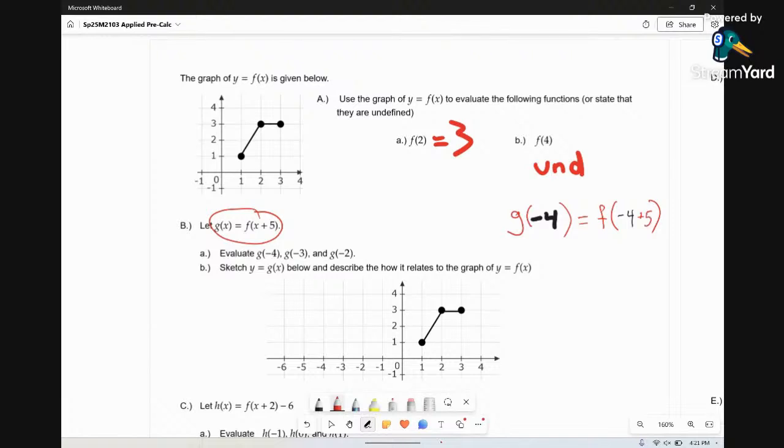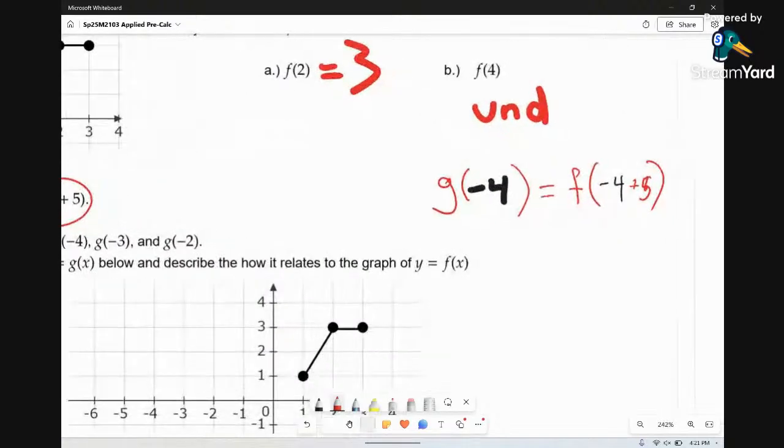And then we do a little bit of arithmetic. -4 plus 5 makes 1.